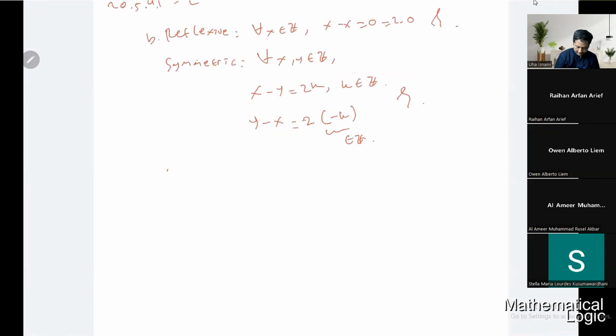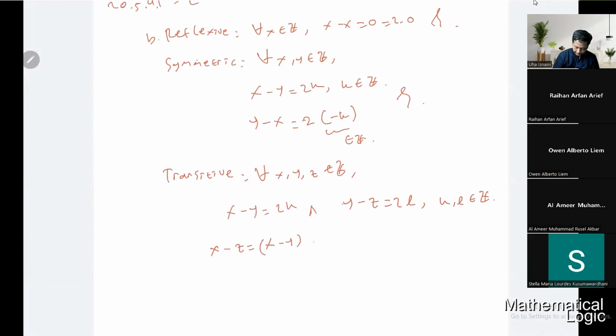How about the transitivity? For every x, y, and z in Z, when x minus y is 2k and y minus z is 2l, maybe, where k and l are integers, then x minus z is x minus y plus y minus z, right?